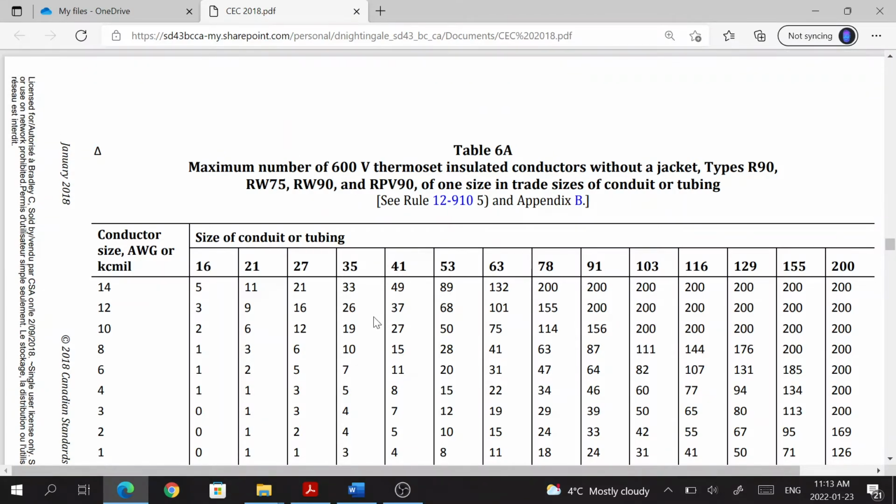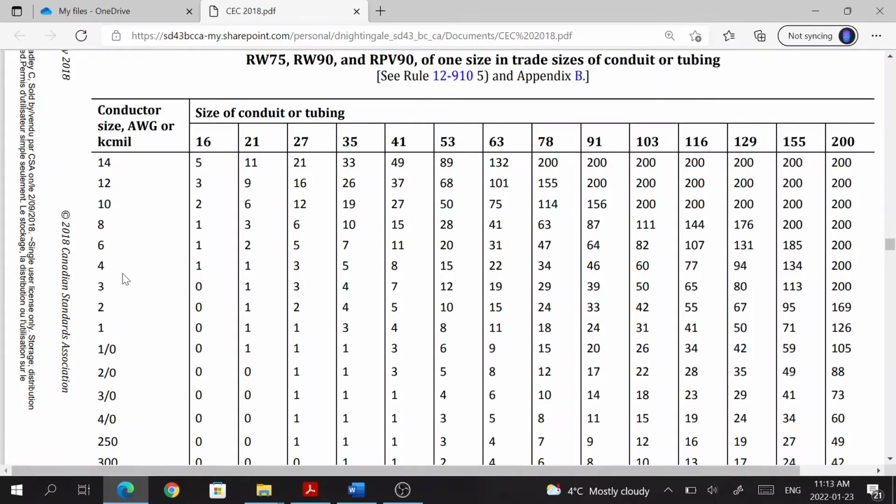Well, for copper, we're dealing with number 3. And to get 3 in there, so we've got line 1, line 2 and our neutral, because we're dealing with a 3-wire circuit, we're going to need trade size 27.